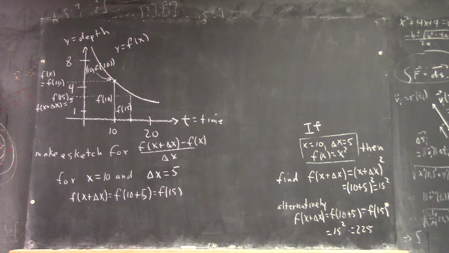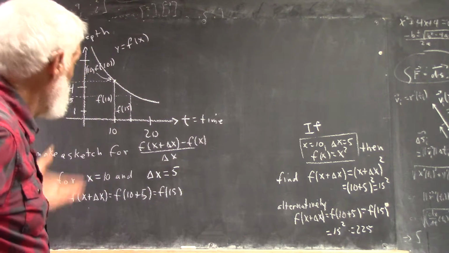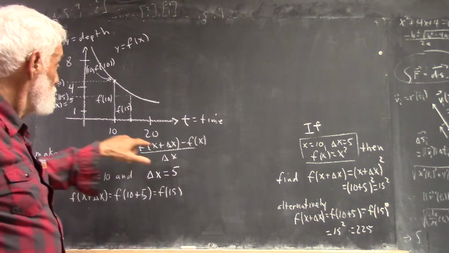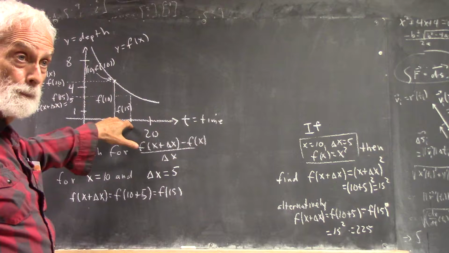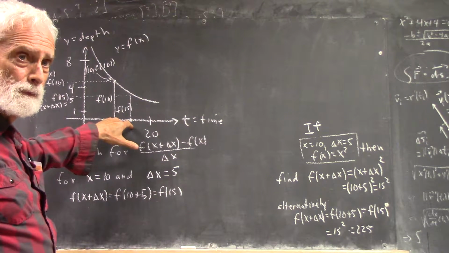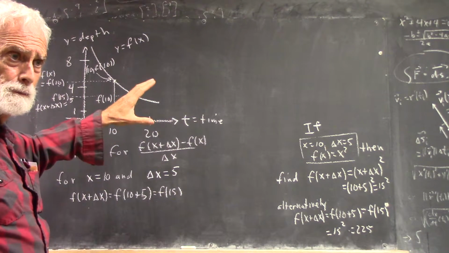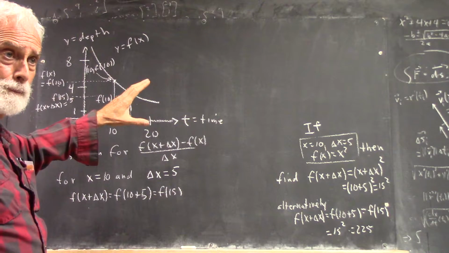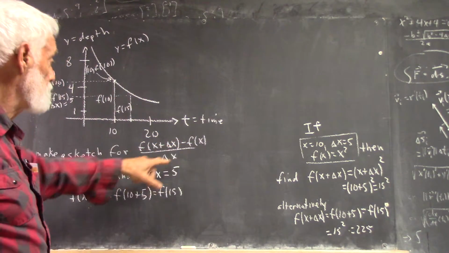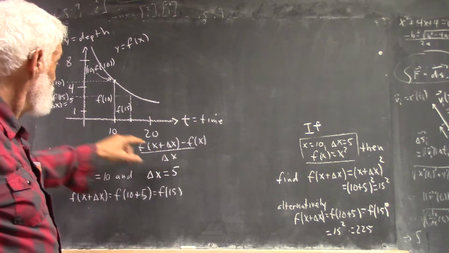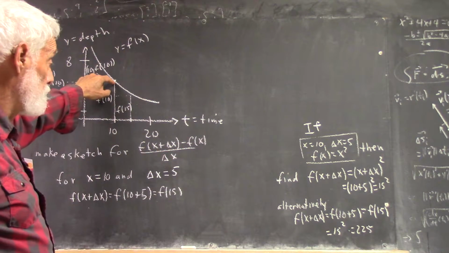So automatically, on our graph, we're going to make that sketch. Okay? Everybody understand what we do and why? We do f of 10 because that's what x is, and f of 10 is just from here up to here.